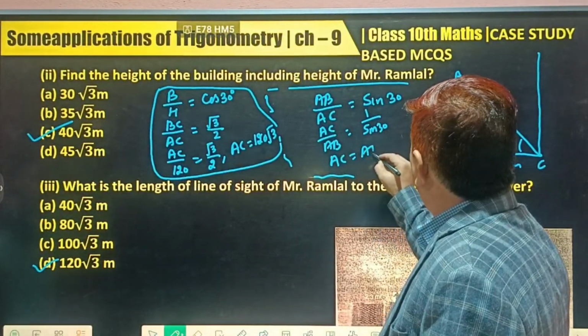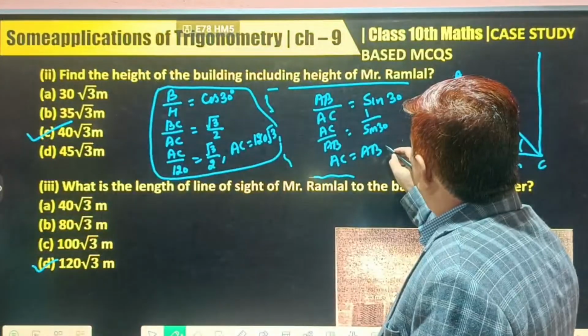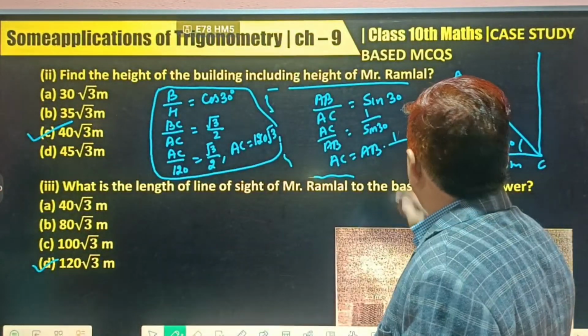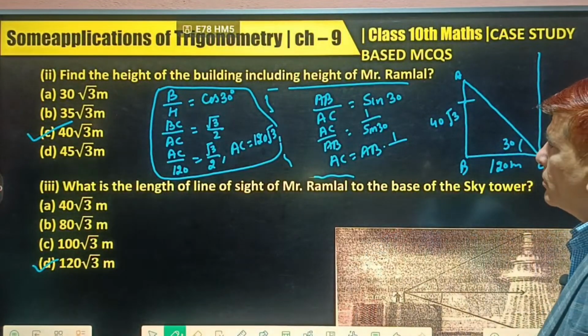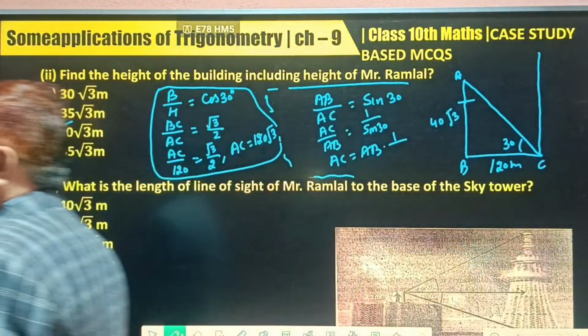AC is equal to AB into 1 by sine 30. What's the value of sine 30?